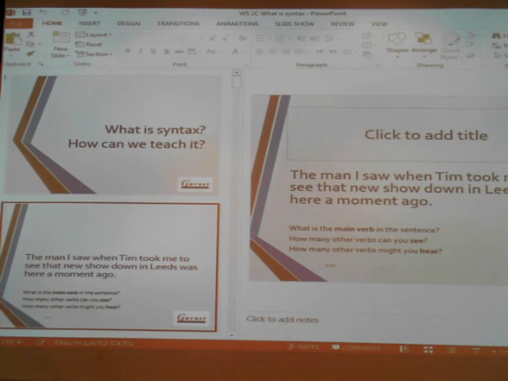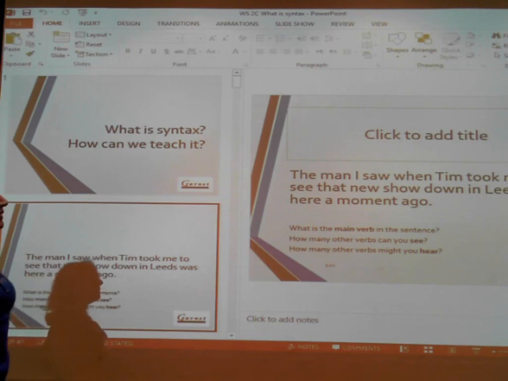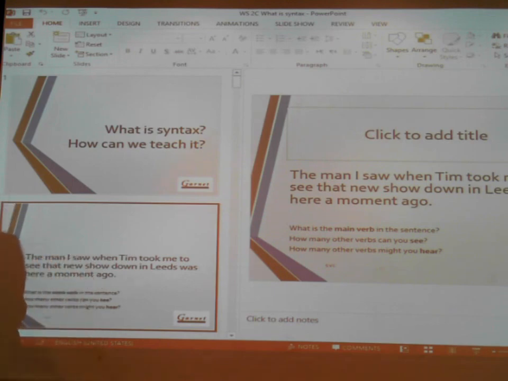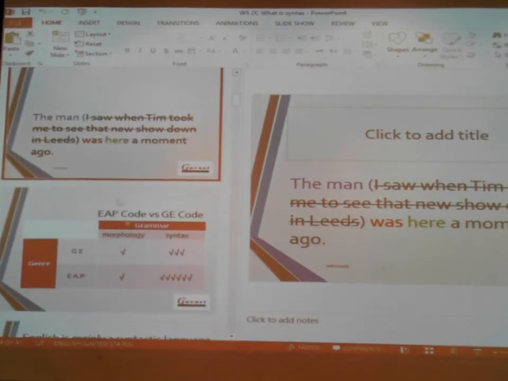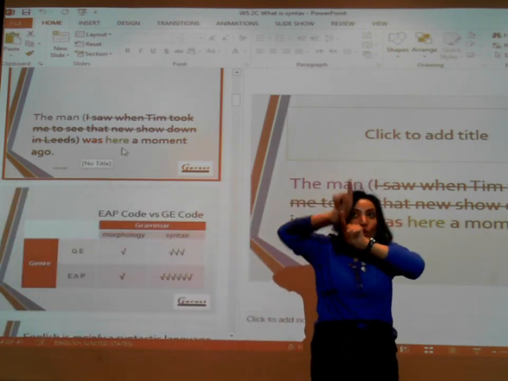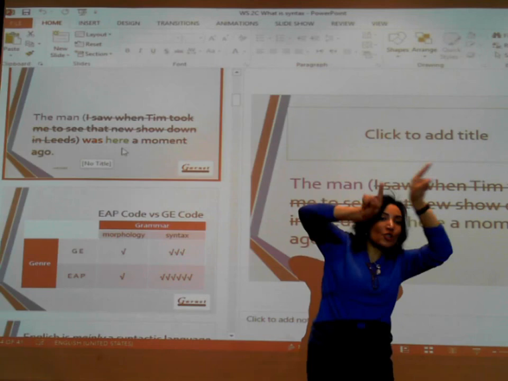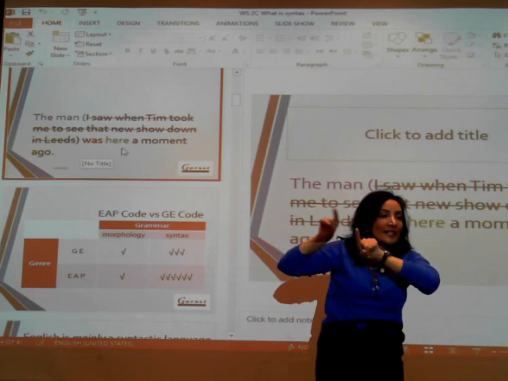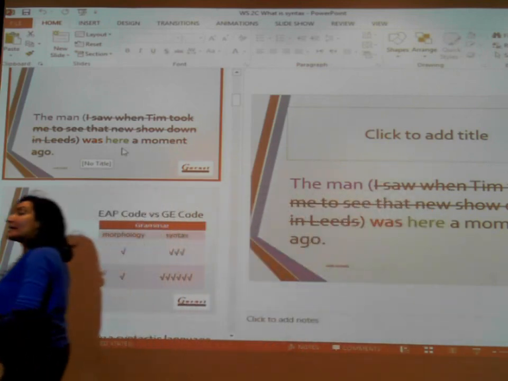Where is the main subject? The main noun, which is the subject? The man. Okay? And the complement? Exactly. Thank you very much. The man was here. That's the basic, simple sentence. And I actually use the complexity of the language syntactically to insert modifiers, embedded sentences, and so on. Look at other examples as well.